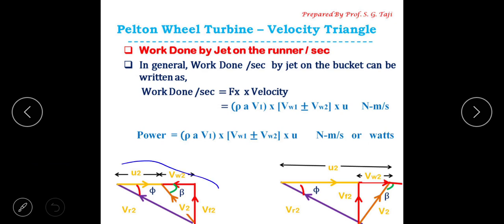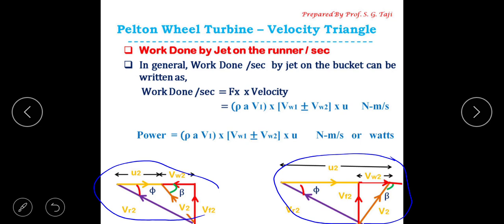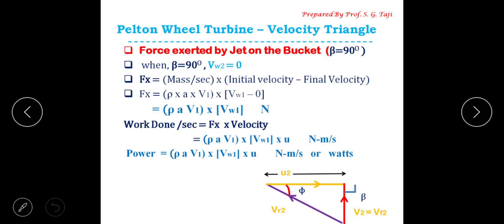The velocity triangle figures at outlet for different angles of beta: beta less than 90, beta greater than 90 degrees, and force exerted by jet on the bucket when beta is equal to 90 degrees. The velocity triangle will become like this. This is 90 degrees. When beta is equal to 90 degrees, naturally Vw2 is equal to 0.